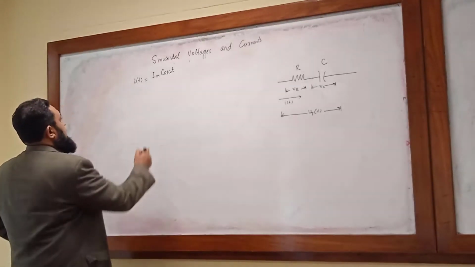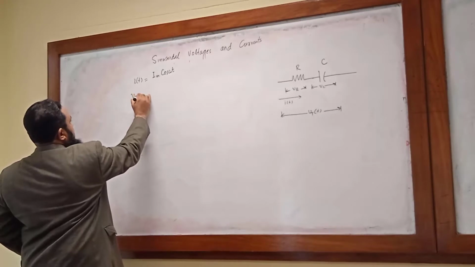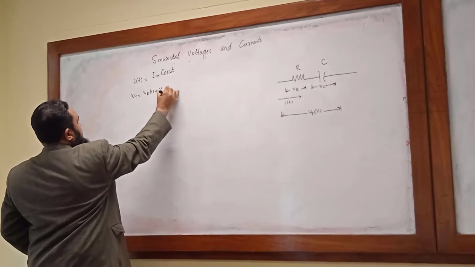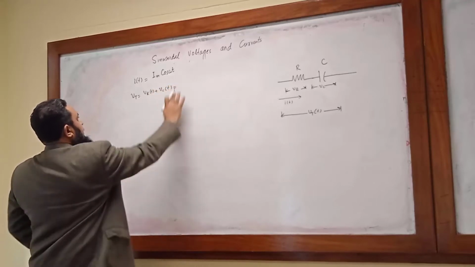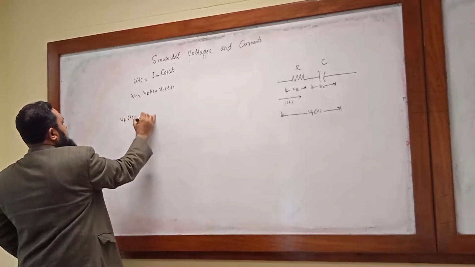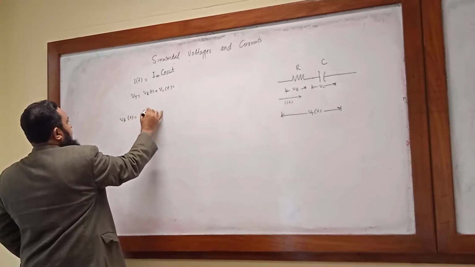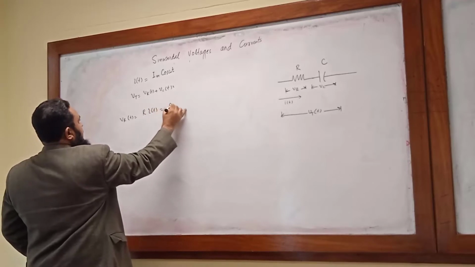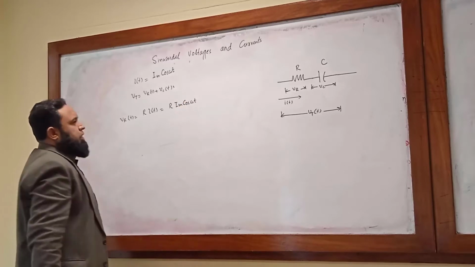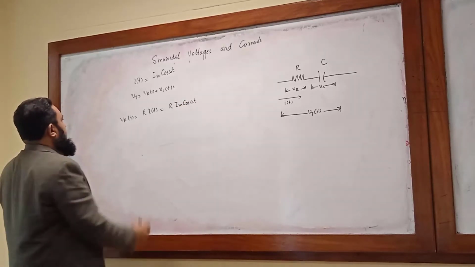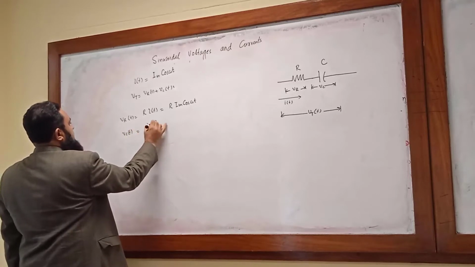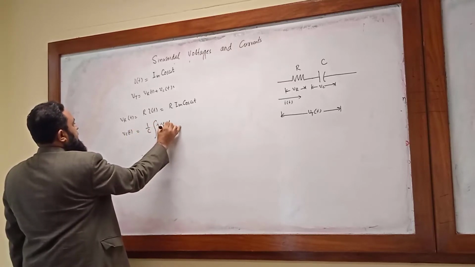So the total voltage will be equal to VR(t) plus VC(t), and VR(t) is equal to R times i(t), which is equal to R Im cosine of omega t.